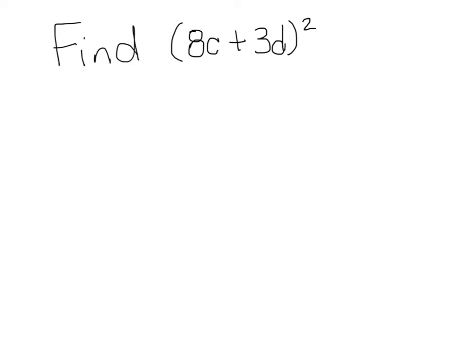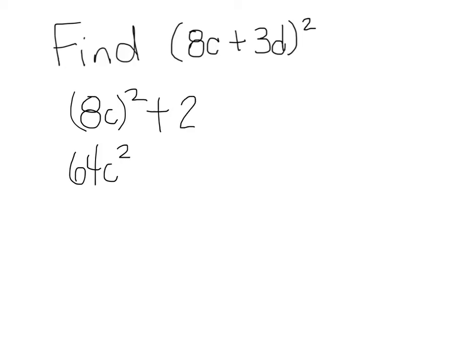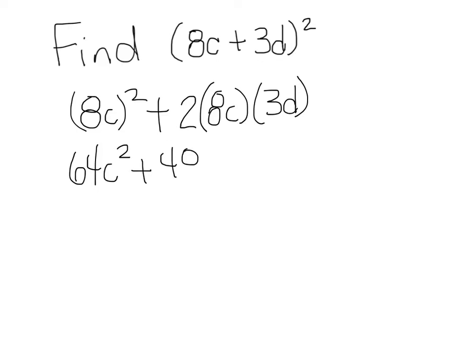So we've got the first term squared, 8c squared. That's going to be 8 times 8, which is 64, c to the second power, plus 2 times 8c times 3d. 8 times 3 is 24, times 2 would be 48. Since we have two variables, make sure you keep the variables c and d.